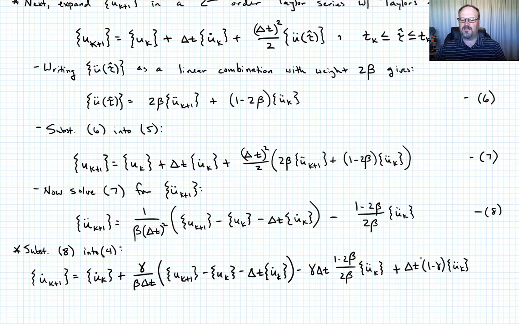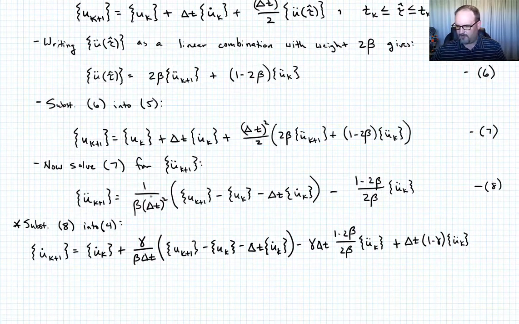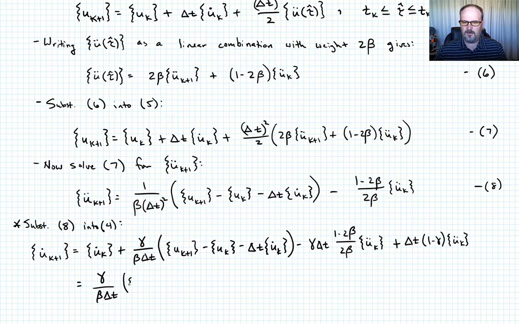Okay, we can simplify this, as you might expect. And if we simplify it, it comes out to, we can pull this out, say this is gamma over beta delta t times the quantity u of k plus 1 minus u of k.